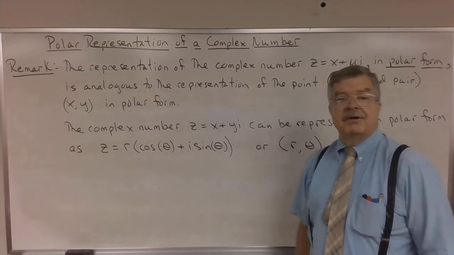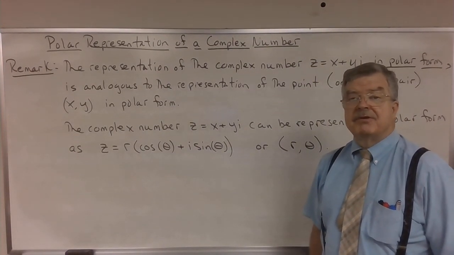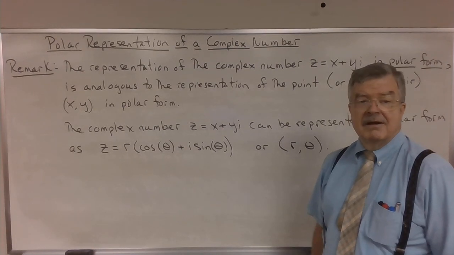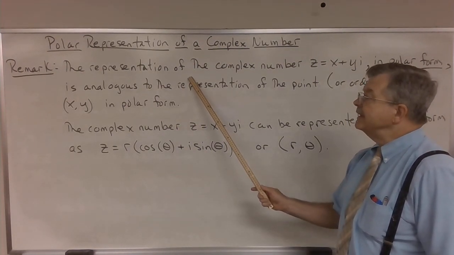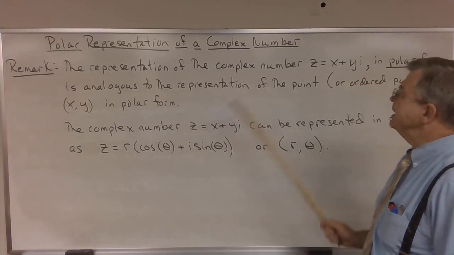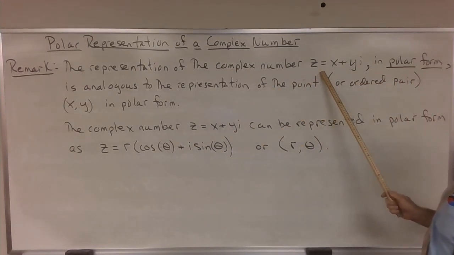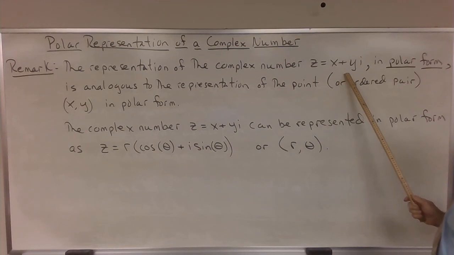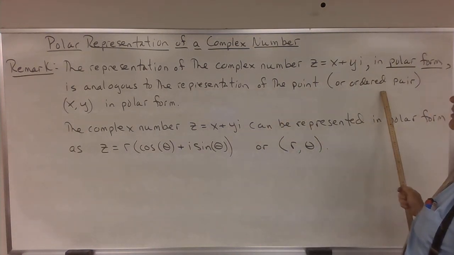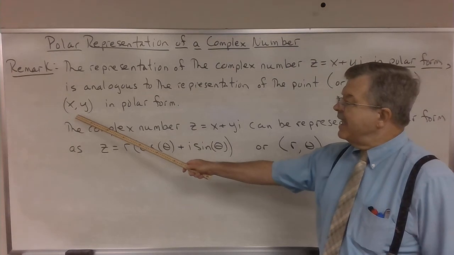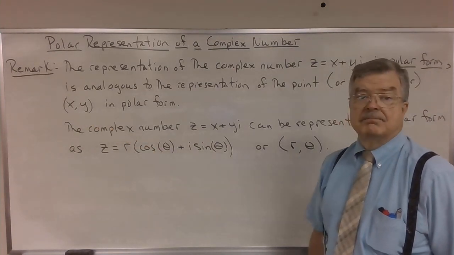Okay, next we're going to talk about the polar representation of a complex number. And the first thing we'll acknowledge is that the representation of the complex number z equals x plus yi in polar form is analogous to the representation of the point or ordered pair xy in polar form.